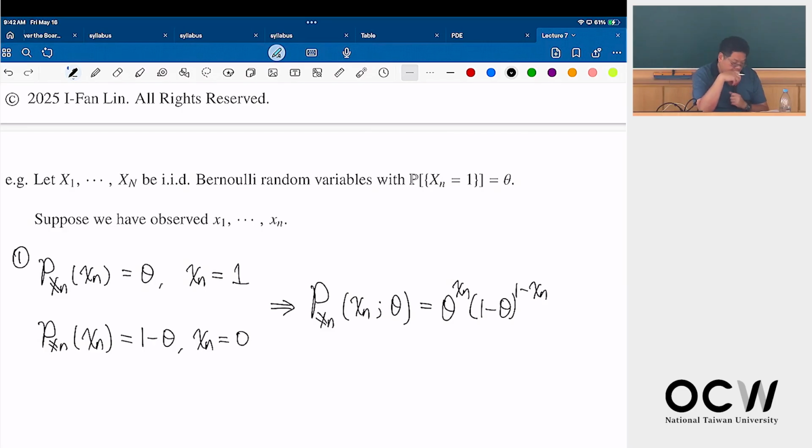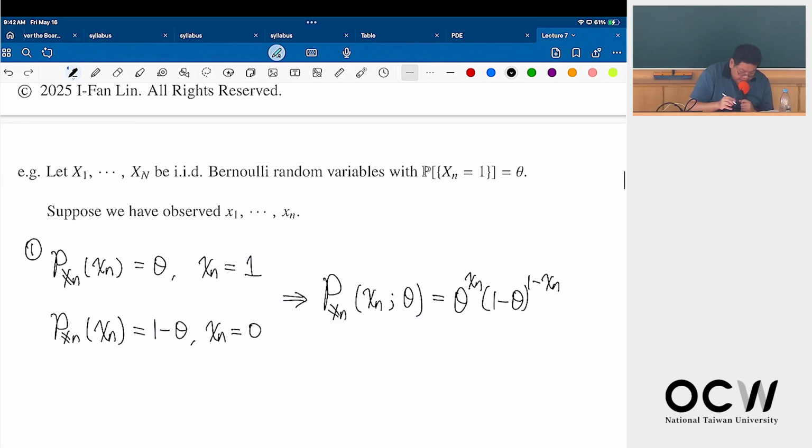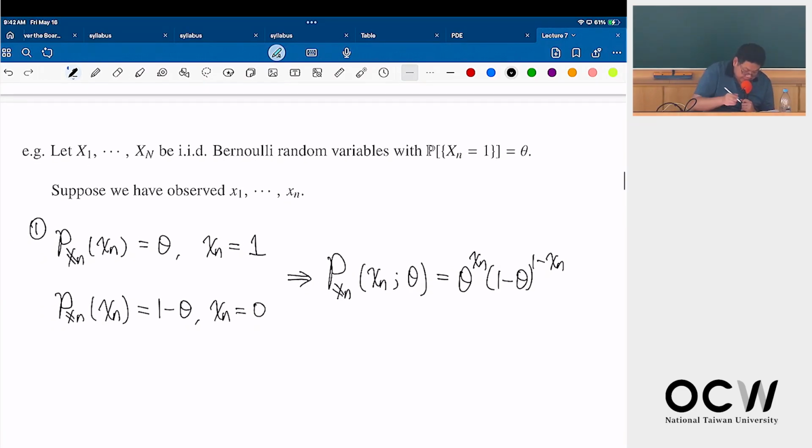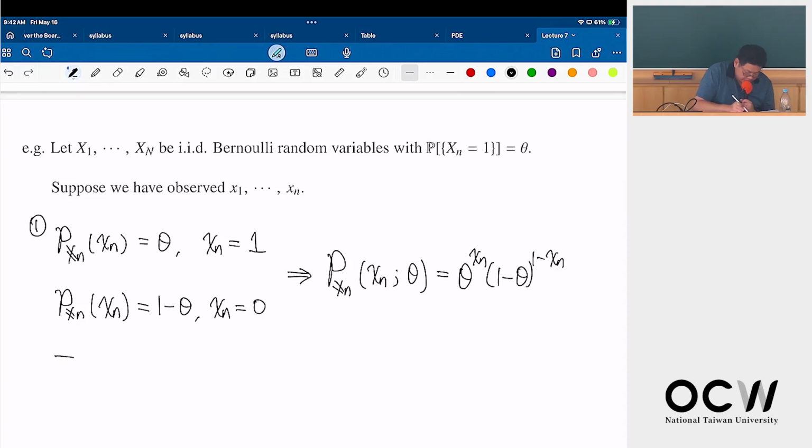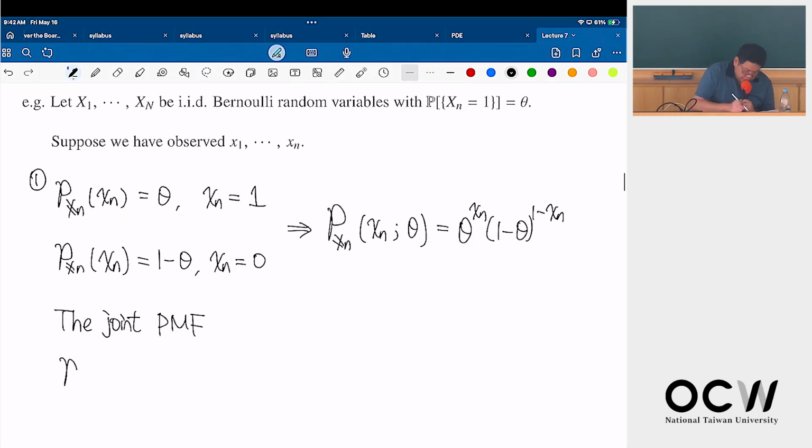If I have the joint PMF, for the joint PMF, I have x1 to xn.